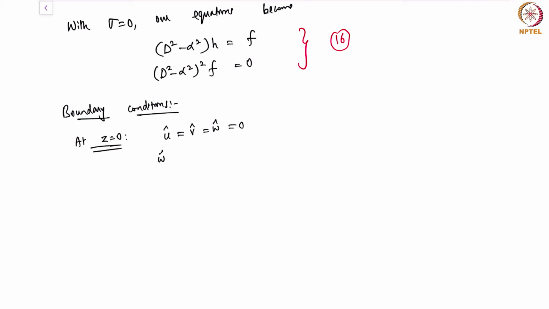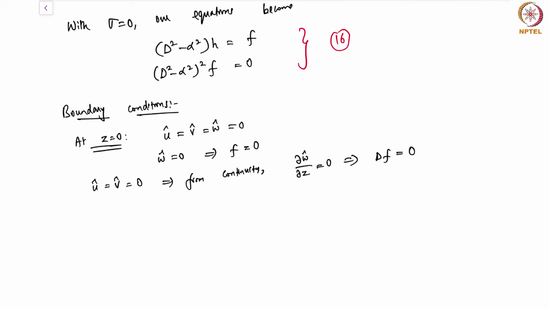So if w hat is 0, it implies f is 0, and if u hat and v hat are 0, then from continuity we have del w by del z is also 0, and del w by del z is nothing but capital D of f is 0, that is df by dz is 0.